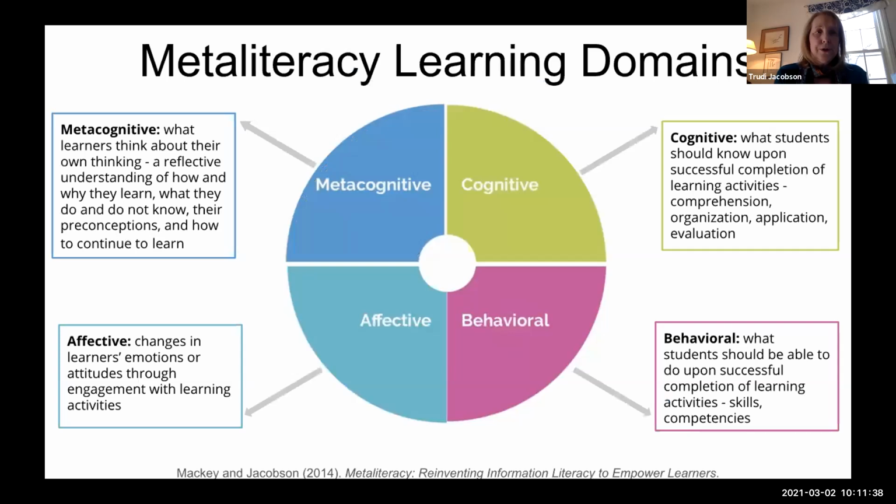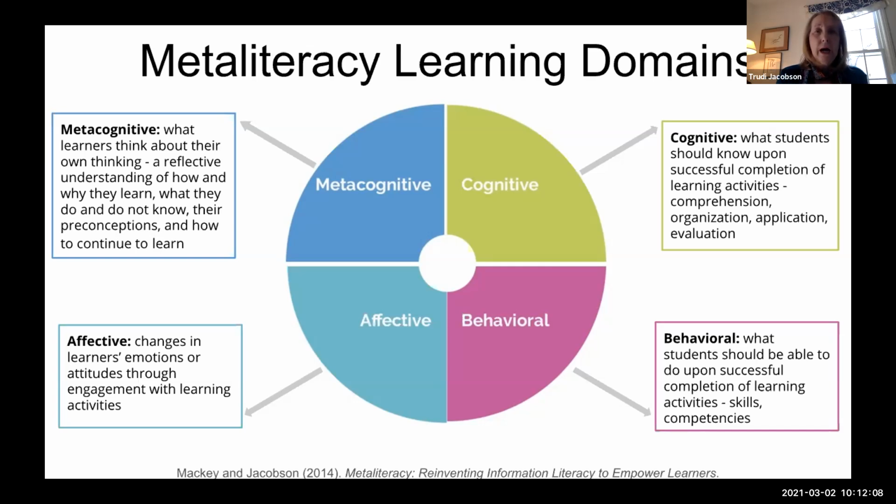Okay. So the domains. Very often when we're teaching, we're thinking a lot about the cognitive, what it is students should know, or if we're in a learning situation, what we should know at the end, and the behavioral, what they should be able to do. But really important, I think, is the affective: the emotions that are involved, the attitudes, during the experience or afterwards.